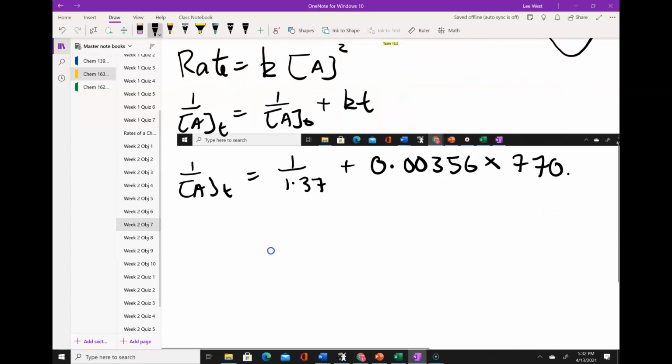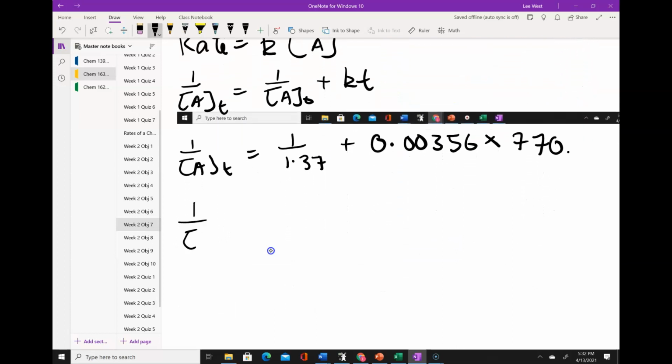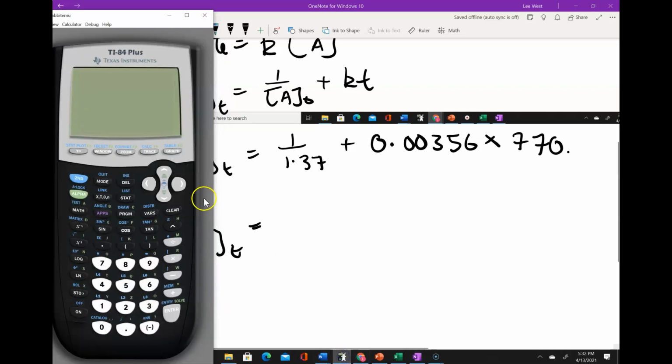Let's put that into my calculator. 1 on At will be 1 on 1.37 plus 0.00356 times 770. There you go.